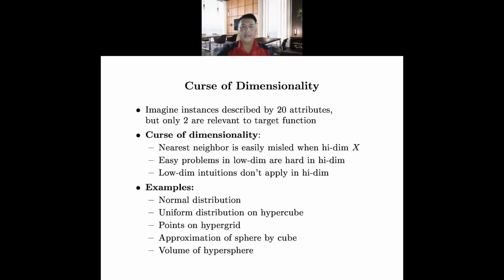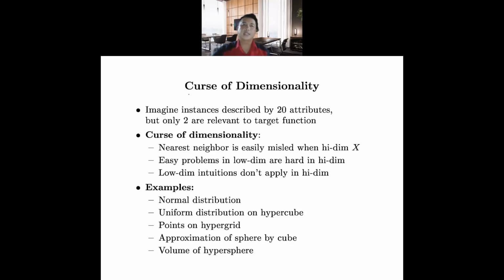Another factor that influences the accuracy of KNN is the number of features that you have. This is what we call the curse of dimensionality. The more features that you have in your dataset, the more you will struggle to find the best accuracy.